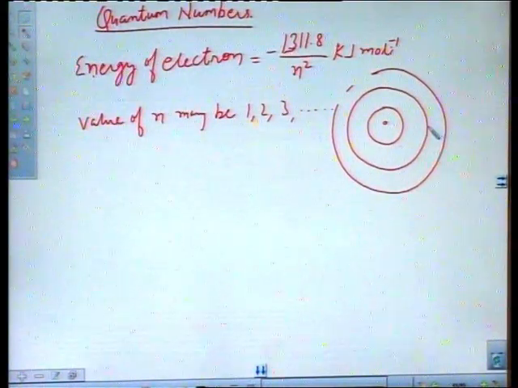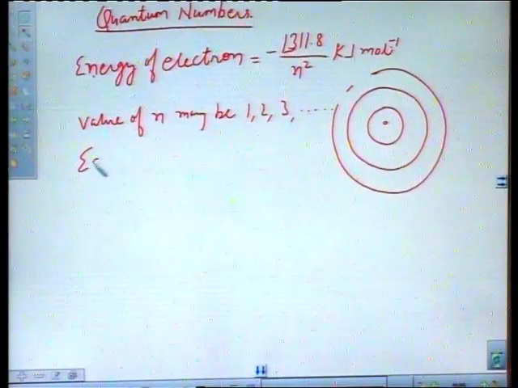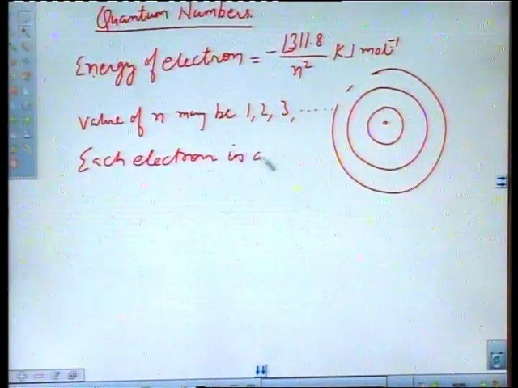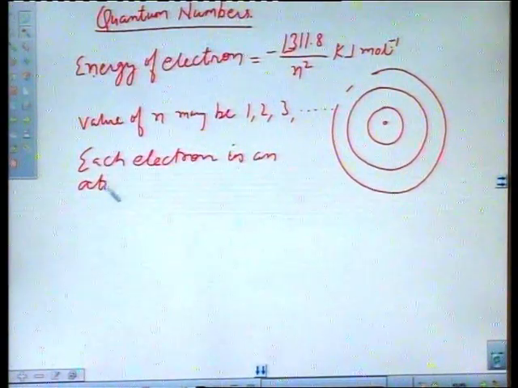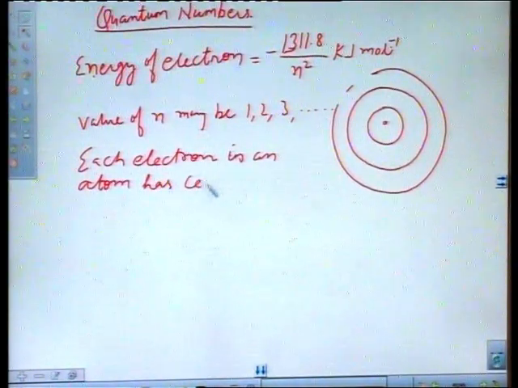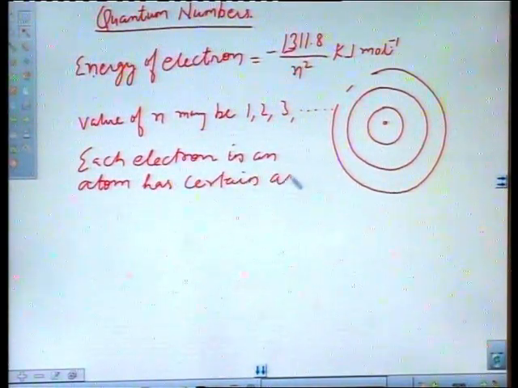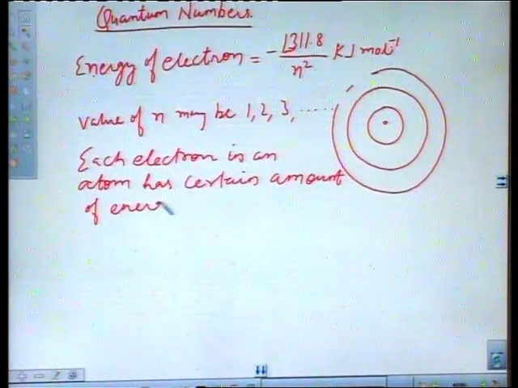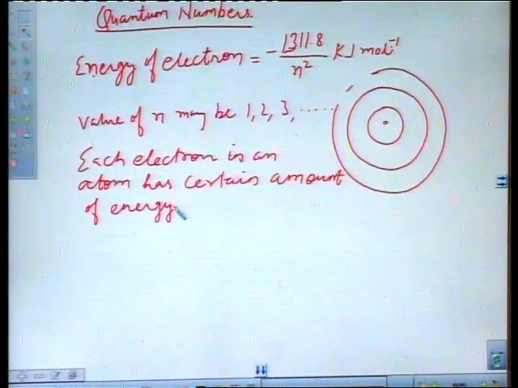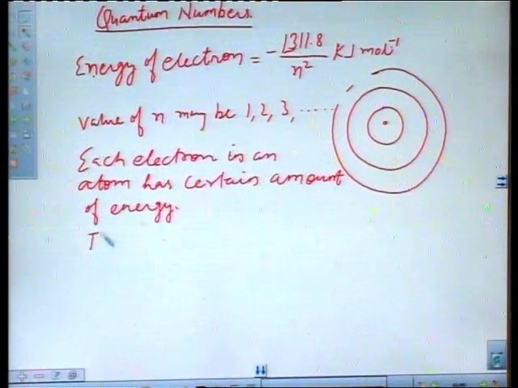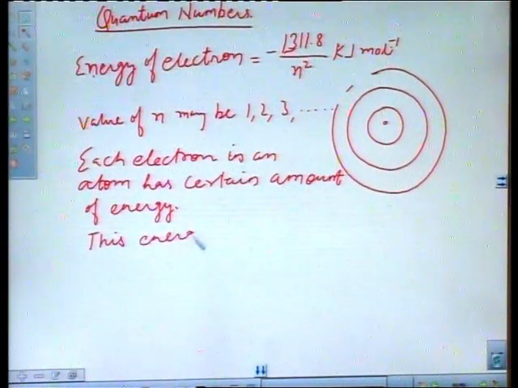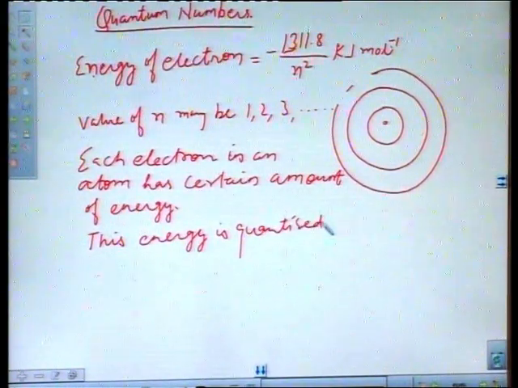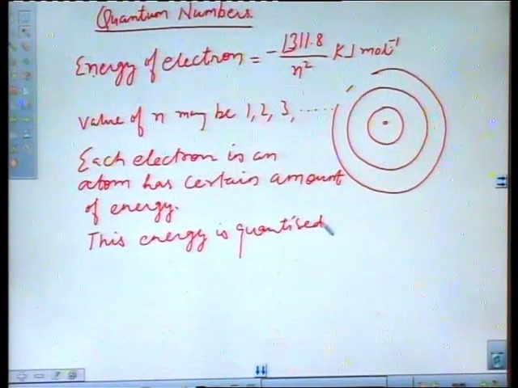Each electron in an atom has a certain amount of energy. This energy is quantized, that is, energy is divided into different parts.